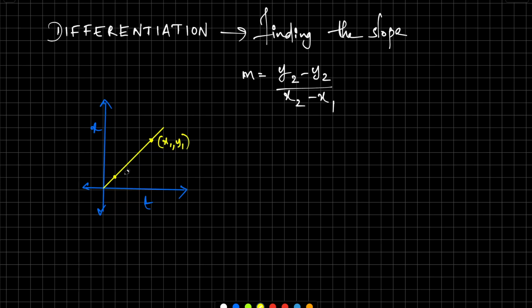This point is x2 y2, or the opposite. It's fine. We can use the equation m equals y2 minus y1 over x2 minus x1 to find the slope. But okay, I'll draw a different one now.